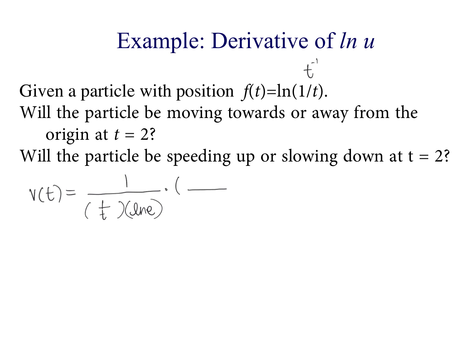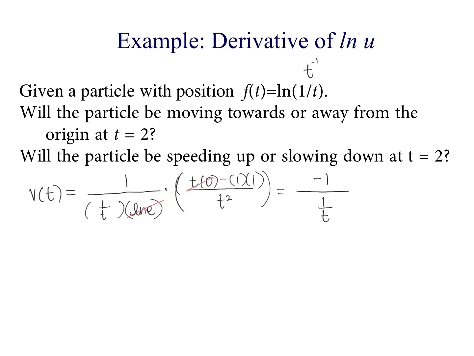I'm going to leave it as the quotient rule. I'm going to say this is t times 0 minus 1 times 1, over t squared. So altogether, for the velocity, since t times 0 is 0, I end up with a negative 1 on the top. ln is also 1, and I end up with 1 over t on the bottom.